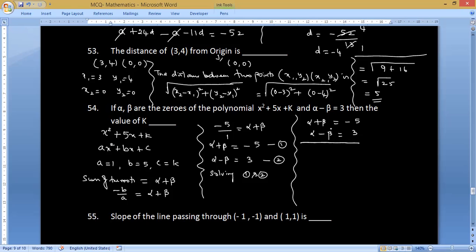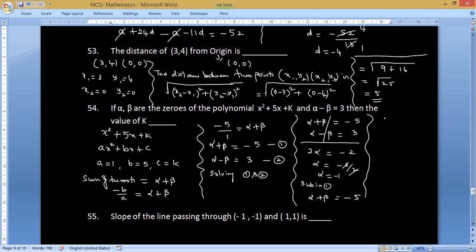I'm solving it. Plus beta and minus beta cancel. Alpha is 2 alpha. Minus 5 plus 3 is minus 2. So alpha equals minus 2 by 2, the 2s cancel, and alpha is equal to minus 1. Substituting in 1: what is 1? 1 is alpha plus beta equal to -5, right?